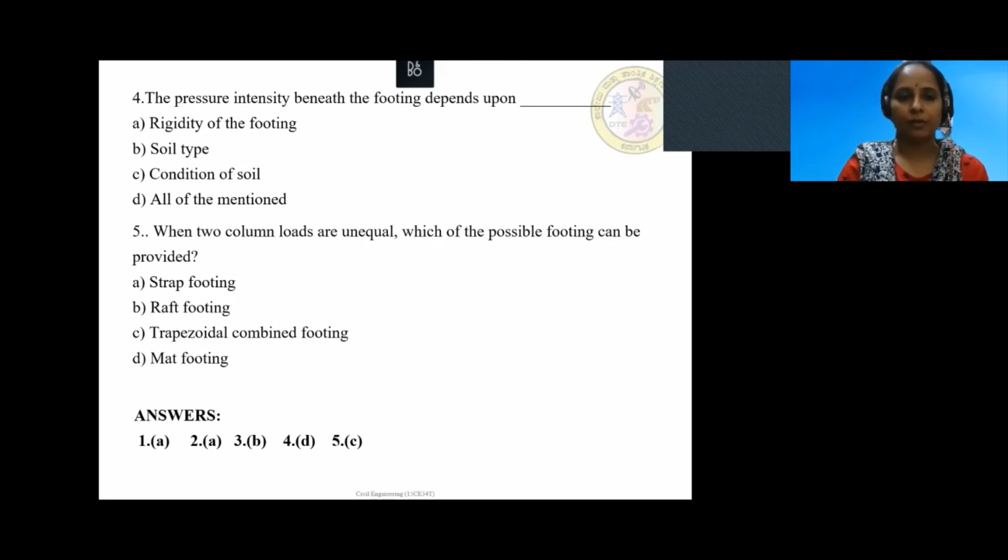Question number 4. The pressure intensity beneath the footing depends upon option A, rigidity of footing, option B, soil type, option C, condition of soil, option D, all the mentioned above.